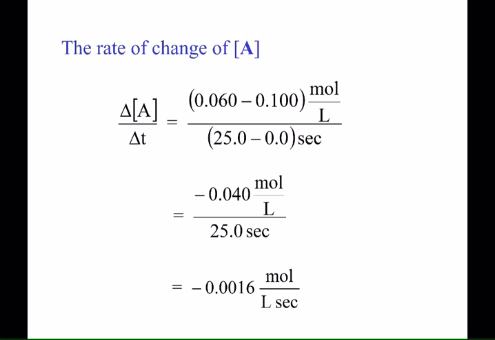Yeah, I'll do it this way. This part will enter in later in the course. So when we have 2A goes to form 2B plus C, and we started out at 0 and 25, I'll put time here in seconds. 0.100 moles per liter, 0.060 moles per liter.